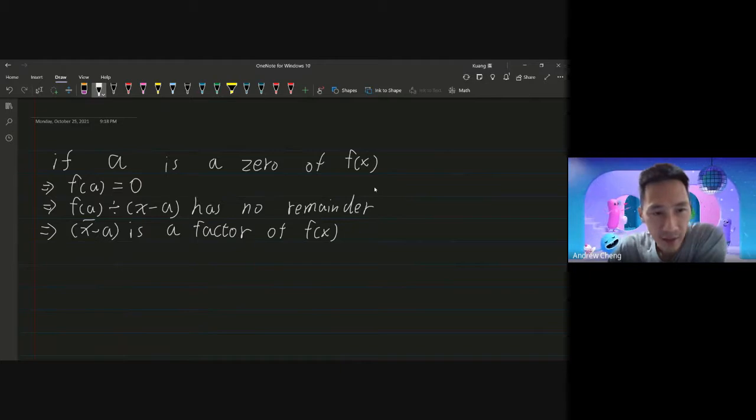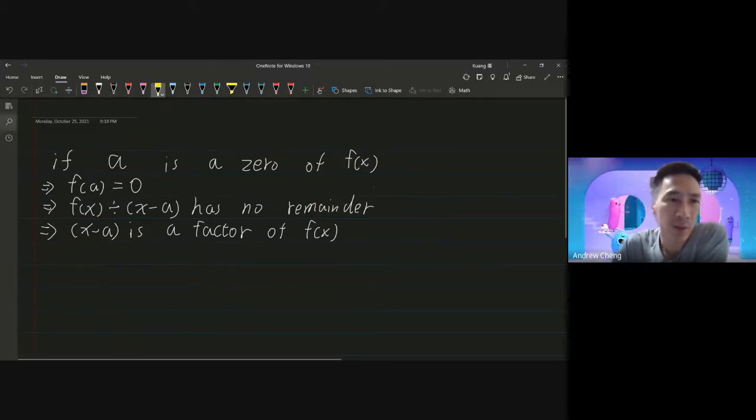And second, if f of x is divided by x minus a, there is no remainder, and x minus a is a factor of f of x.